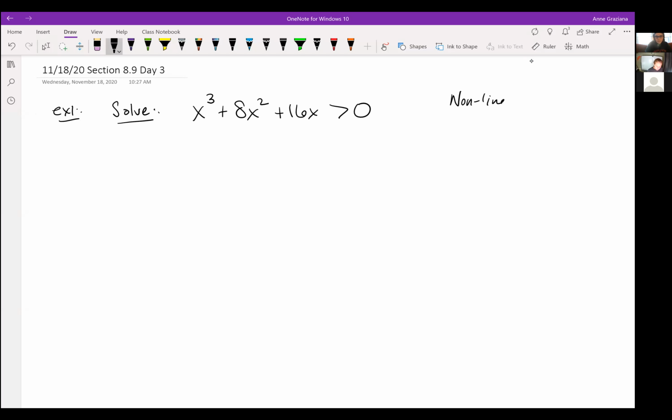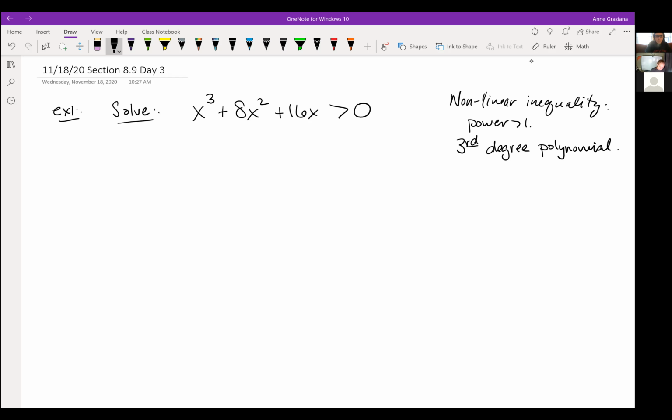What gives it away? X cubed. Yeah, we have a power greater than 1. So this is a third degree polynomial. It's definitely not linear.